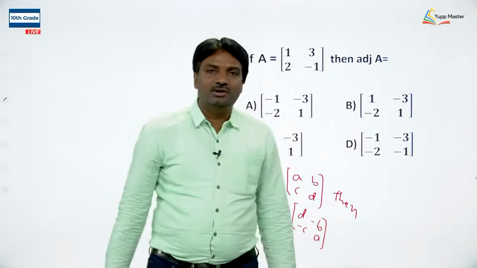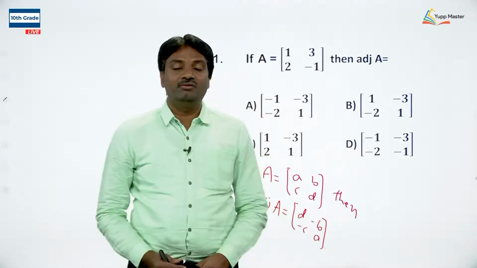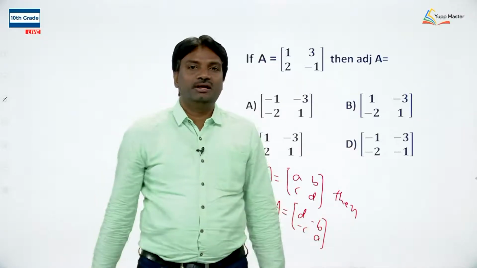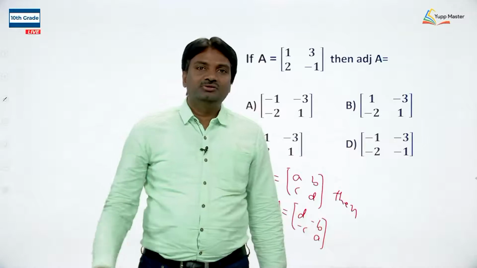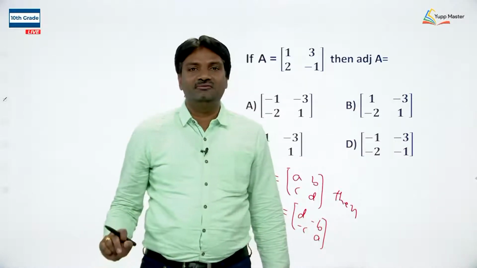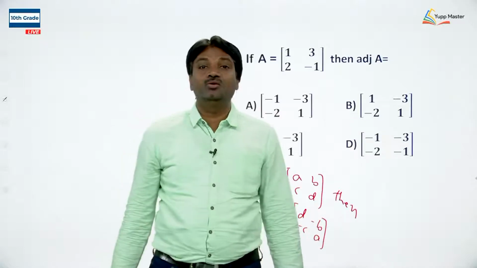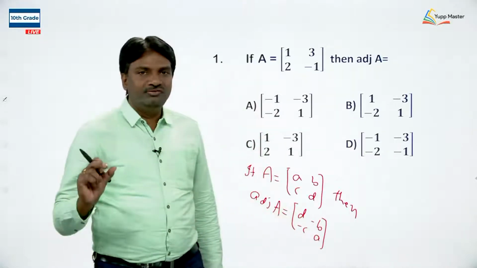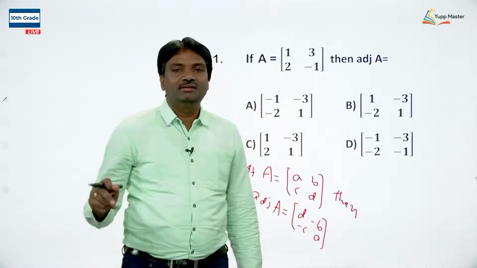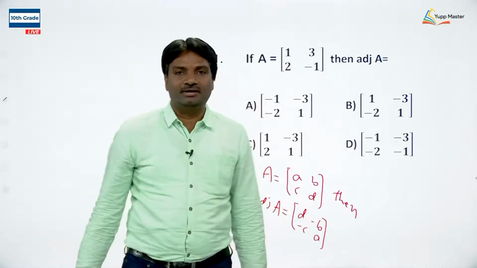So this is the formula for finding the adjoint of a 2 cross 2 matrix. According to the definition, the transpose of the matrix obtained by replacing the elements of the given matrix by its corresponding cofactors is the adjoint. If B is the cofactor matrix of the given matrix A, then adjoint A equals B transpose.